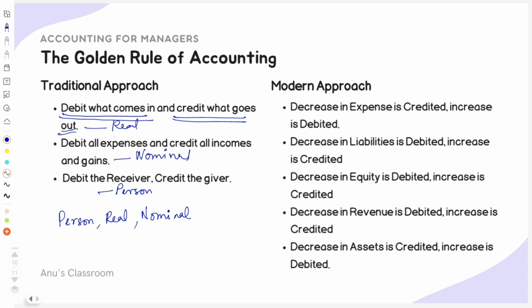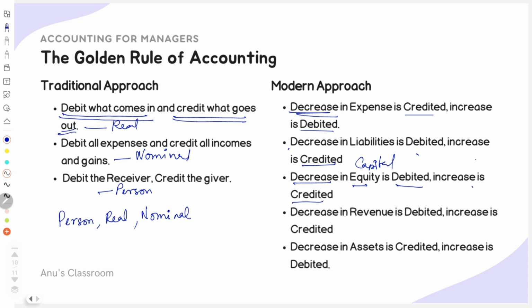In the modern approach, we had 5 types of accounts: expenses, revenues, capitals, liabilities, and assets. For each of these 5 accounts, we have 5 different rules. If it is an expense and it is decreasing, credit it; increasing means it should be debited. If it is a liability and decreasing, debit; increasing, credit. If it is equity, that is capital, and it is decreasing, debit it; increasing, credit it.